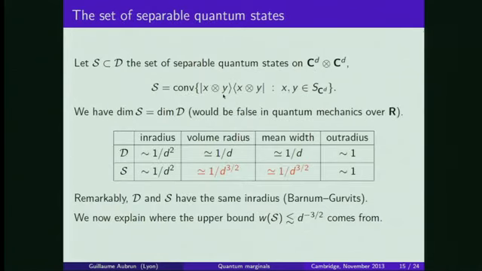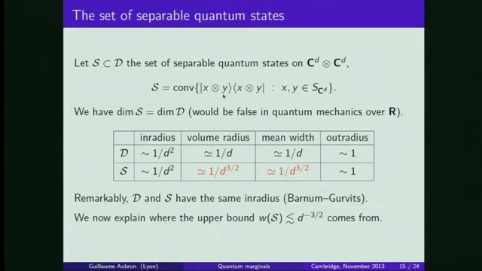So I come to this more complicated set, which is the set of separable quantum states, which I denote by S. So S is a subset of D, and if you don't know what entanglement is, here is the definition. S is defined as the convex hull of only pure states which correspond to product directions.